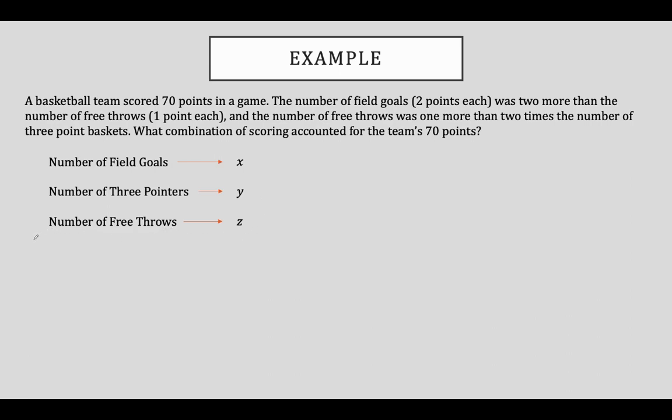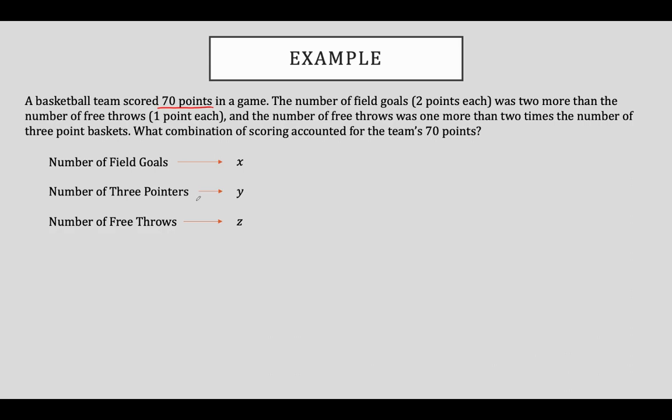Let's see if we can come up with a couple equations based on the sentences that we have here. We know that there is a total of 70 points scored in the game. That would be the sum of all the points from my field goals, all the points from my three pointers, and all the points from my free throws. Field goals are worth 2 points each, so 2x would give me the total points from field goals.